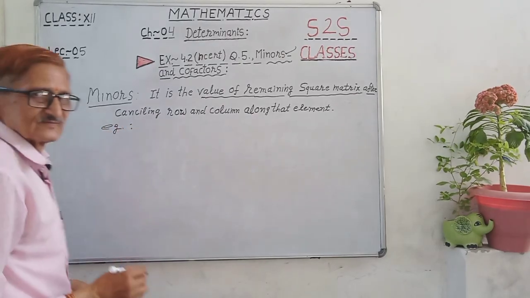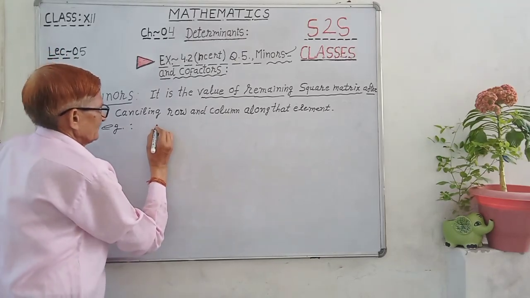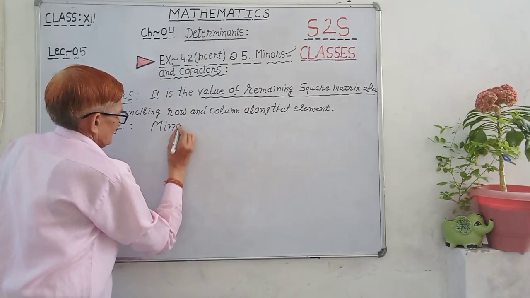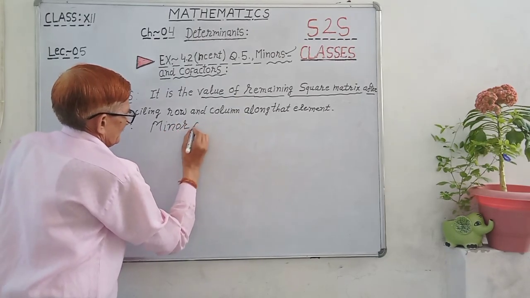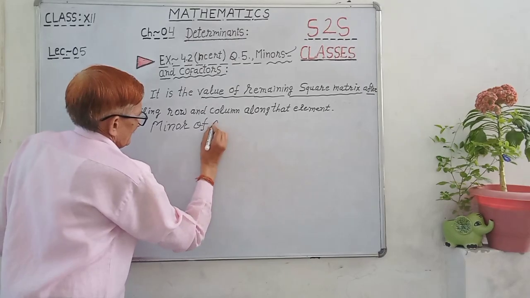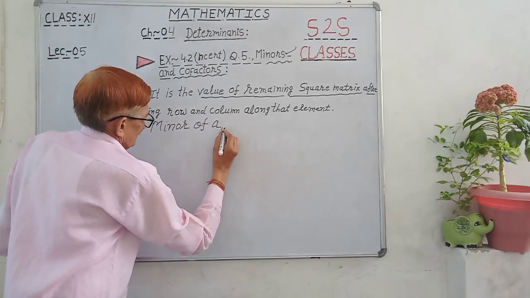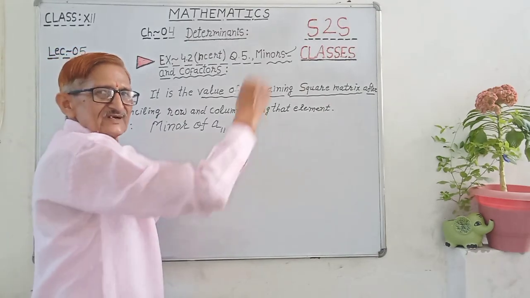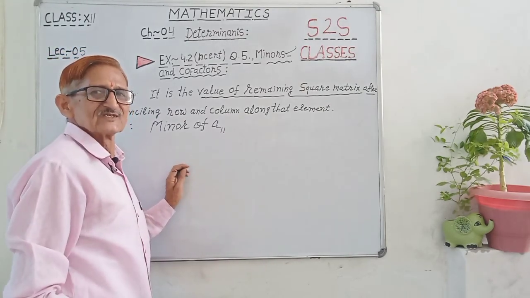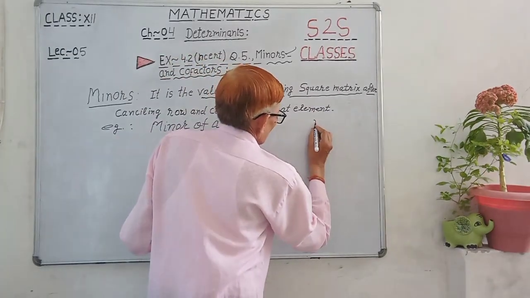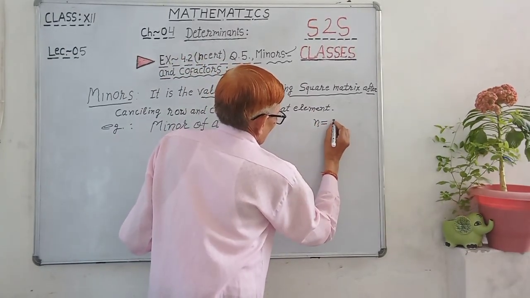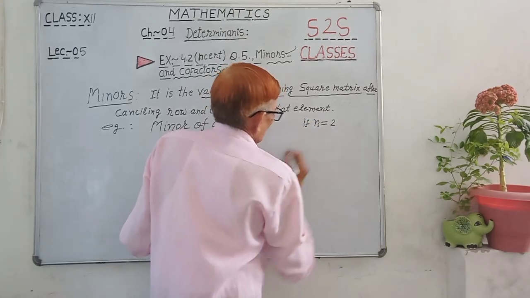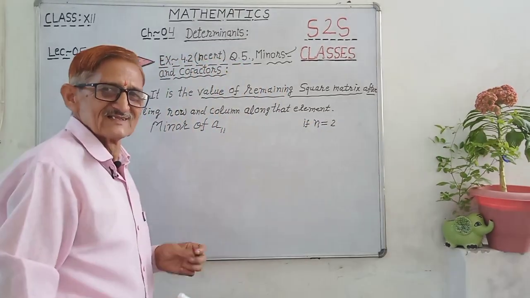what is the example? Minor of A11. First row and first column cancel. If it is 2 by 2, if n is equal to 2, if order 2 by 2, so 1 row 1 column cancel.